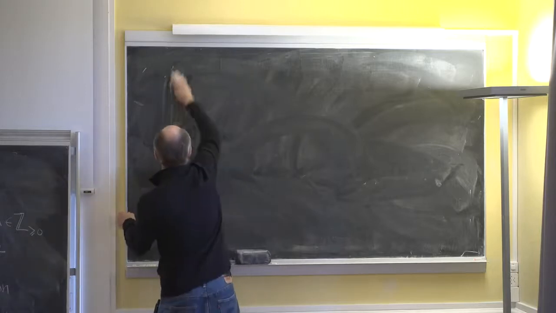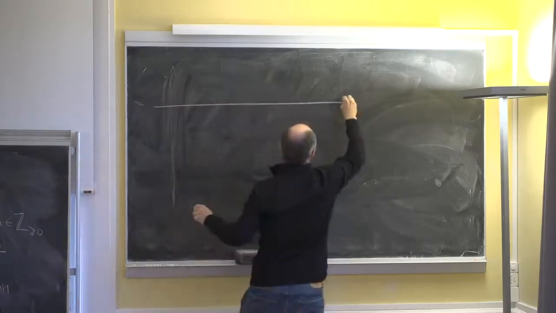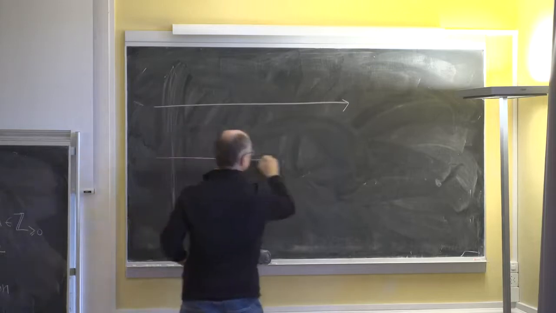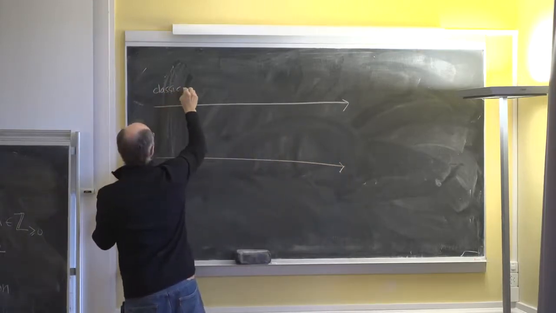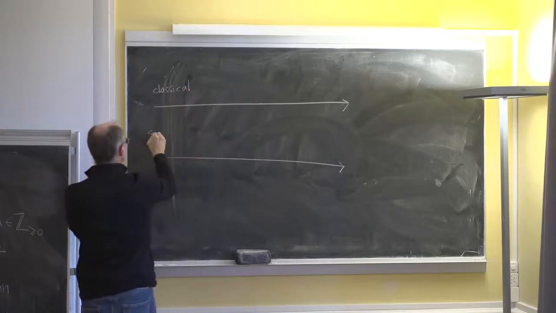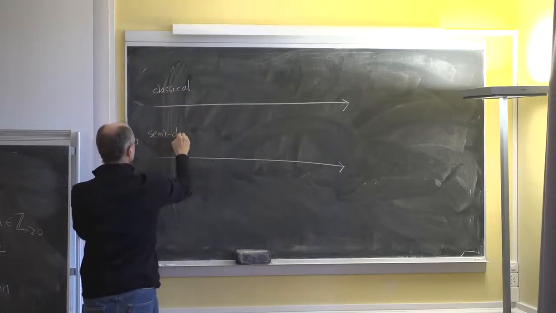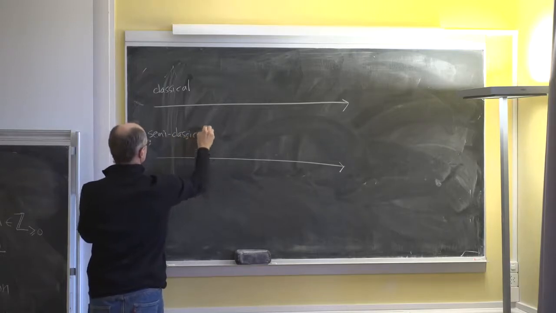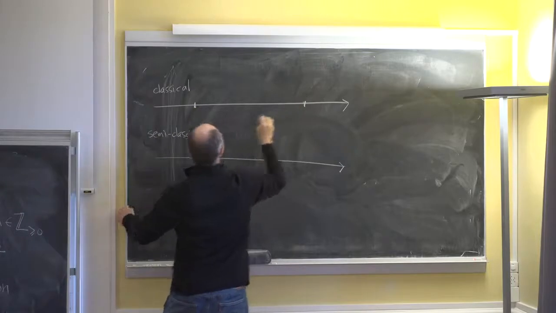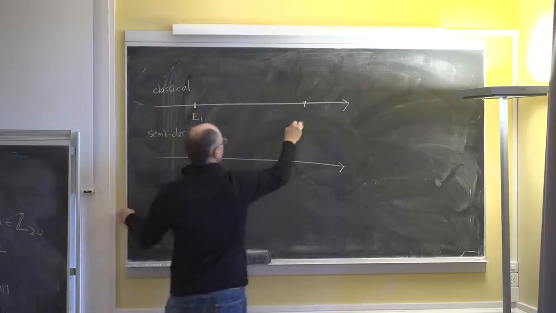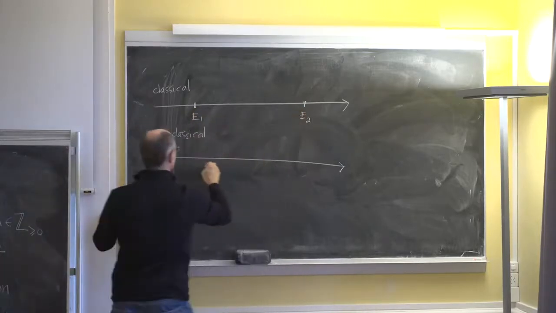Maybe we will draw the spectrum like this. This is classical. This is what is called semi-classical. So that's E1 and that's E2.